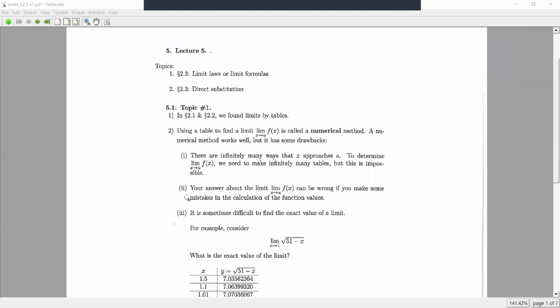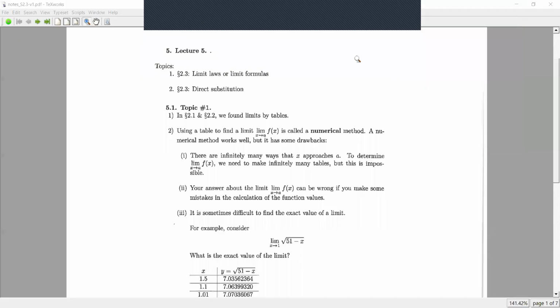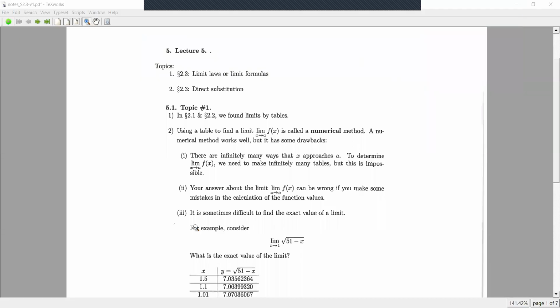The second drawback that I can see is your answer about the limit can be wrong if you make some mistakes in the calculation of the function values. The third drawback that I can see is it is sometimes difficult to find the exact value of a limit.